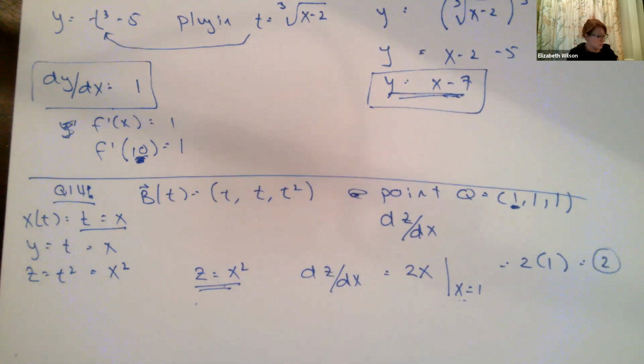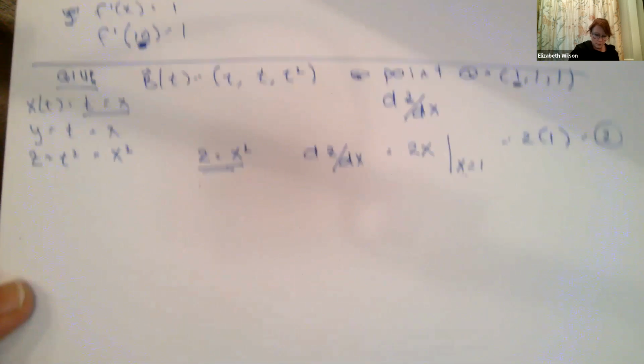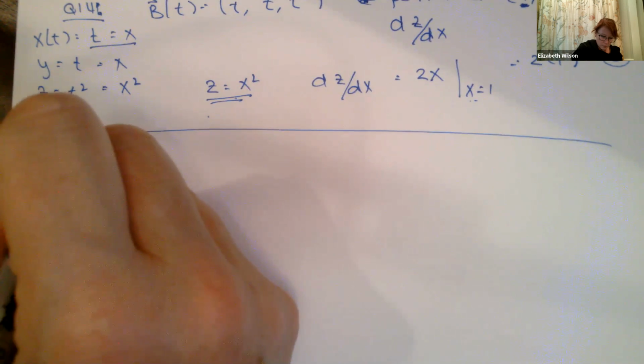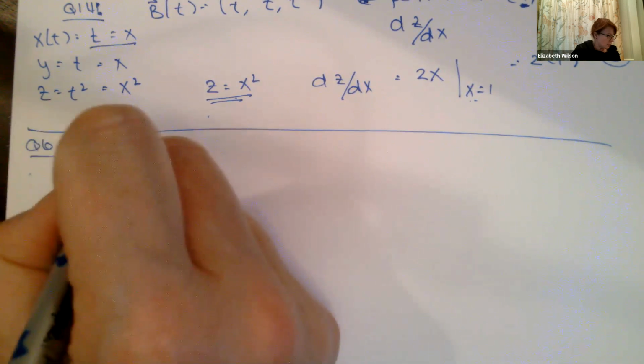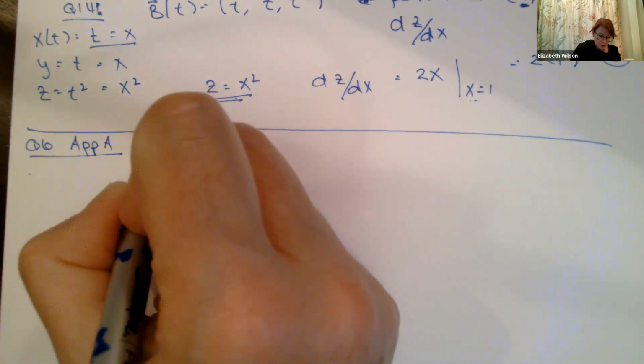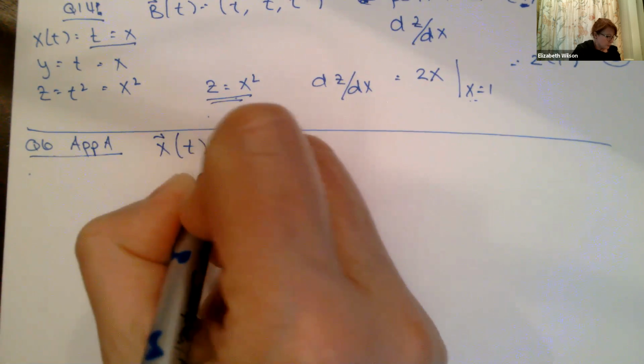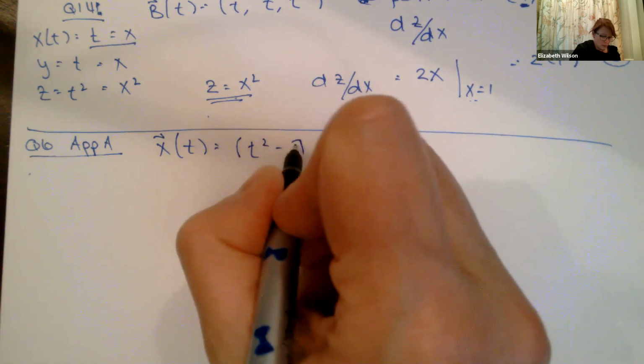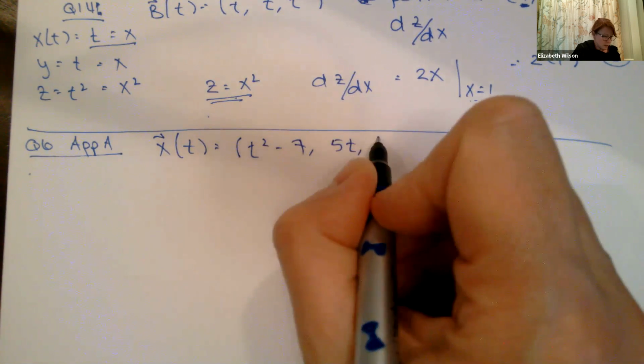Appendix A, question 6. Okay, let's do that really quick. So we're given a vector function, looks like our position function: t squared minus 7, 5t, and then t squared.